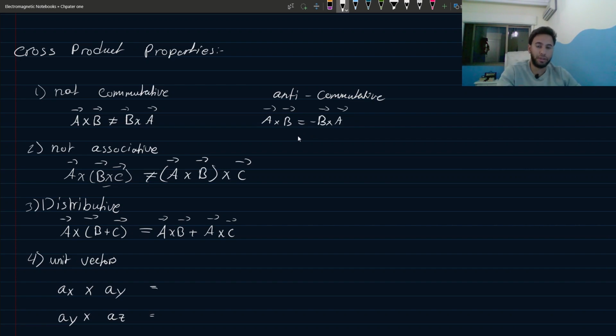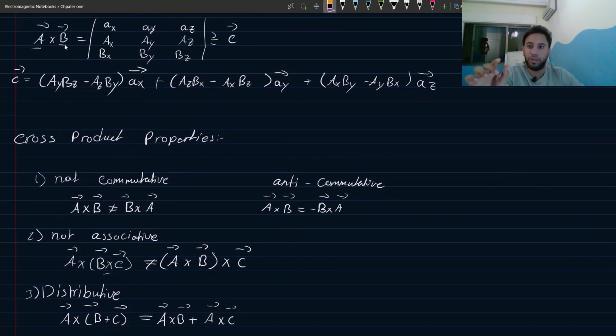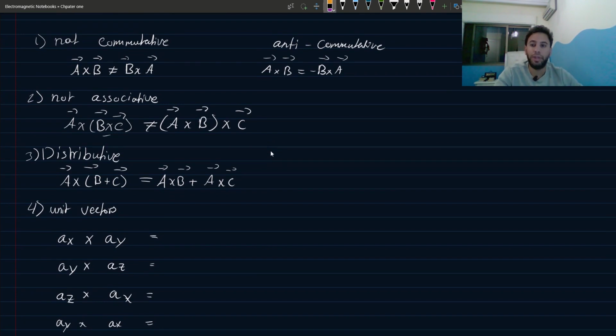It's direction. It will affect the unit vector at the end. And if you notice up here, if we switch the places between B and A, everything here will change. The unit vectors, the components of B will be above and the components of A will be below. That will change the whole answer, but not in magnitude. It will change in direction. It is also not associative.